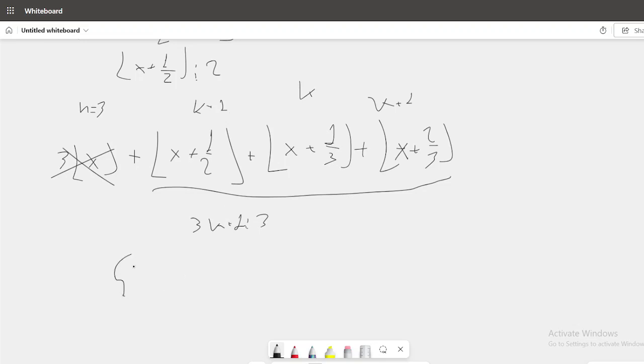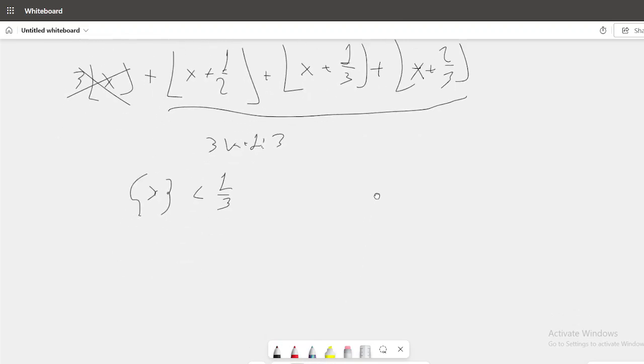So the fractional part of x will need to be less than 1 over 3, because otherwise these three won't be equal, because x plus 2 over 3 must not reach 1.